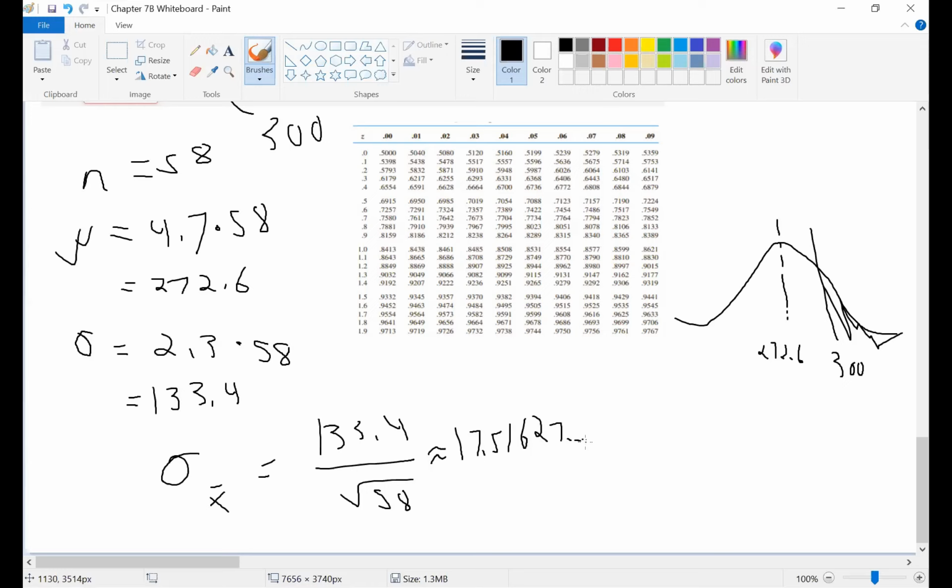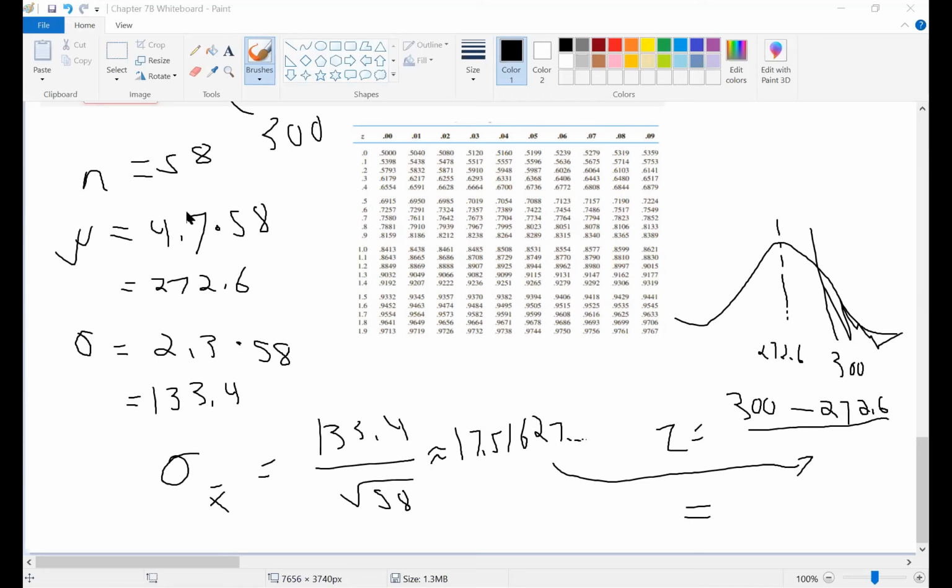Now we have our standard deviation, so we can compute our z-score. Our z-score is 300, 5 hours, minus our sample mean, the mean of the sample means, 272.6, divided by this. 300 minus 272.6 divided by 17.51627.